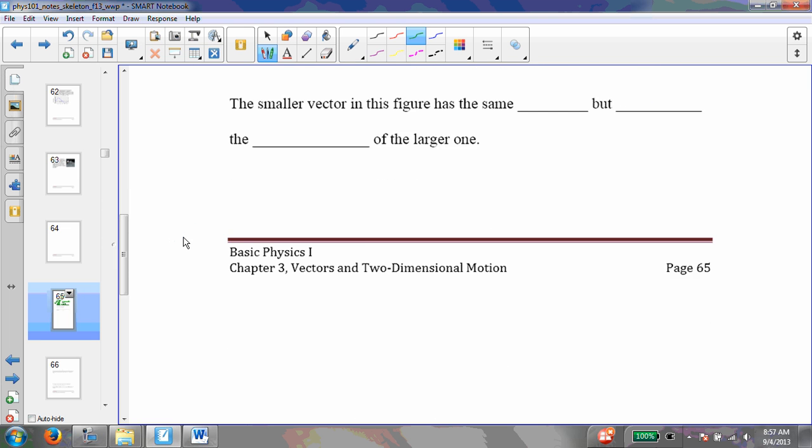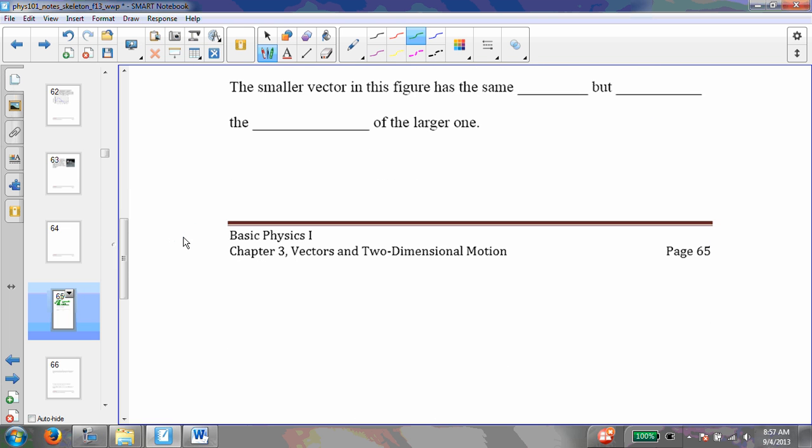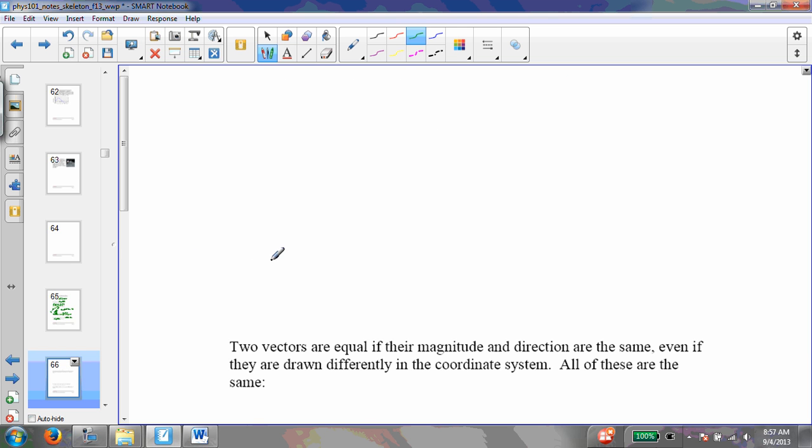All right, the smaller vector in this figure has the same direction, but half the magnitude of the larger one. And actually, the picture is on the next page. I'll show you. Has the same direction, but 1/2 the magnitude of the larger vector. Oh, let's see, it's not, but I'll draw it.